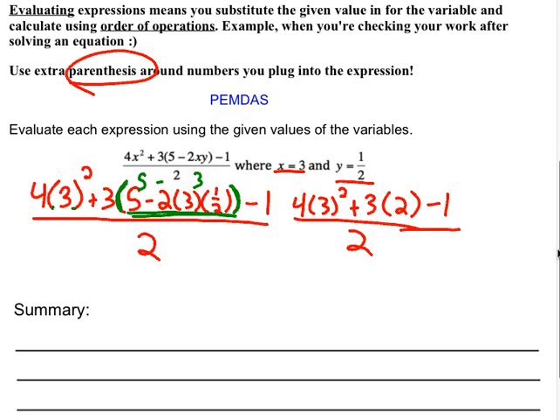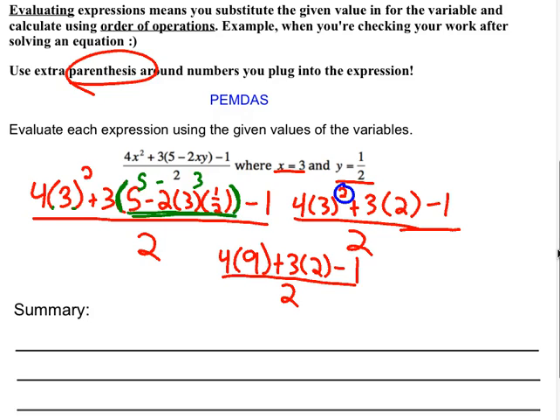Now I'm going to deal with E, exponents. So here, notice I do have an exponent, right? That's squared. The squared is only affecting that 3, right? So 3 squared. So right away, I'm going to change that to a 9. Next on my list, multiplication slash division.